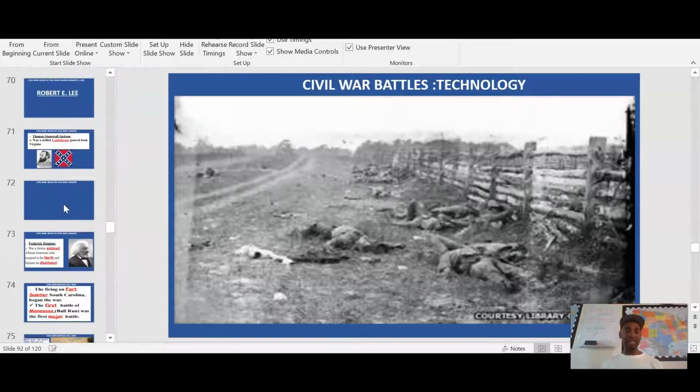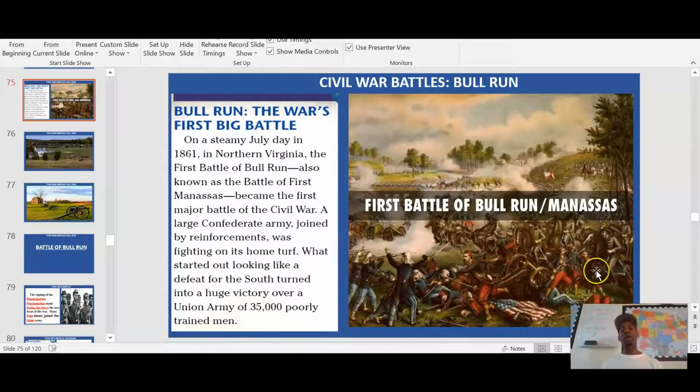The South, that would be Virginia, calls it the Battle of Bull Run because it was customary back then that the Confederate Army named all of their battles after various landmarks. Bull Run is a creek that runs through Virginia. Manassas is the name of the city, because the northern troops didn't know all these small creeks and landmarks down in the South, so they named it after the actual city.